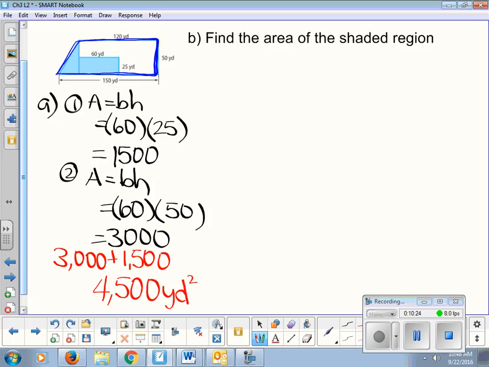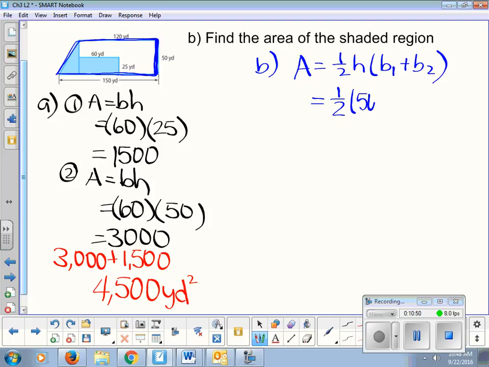We have a trapezoid. And what's our area formula for a trapezoid? Base 1 plus base 2. So let's fill in what we know. I'm going to bring down the 1/2. And what's my height? 50. Right here's our height.